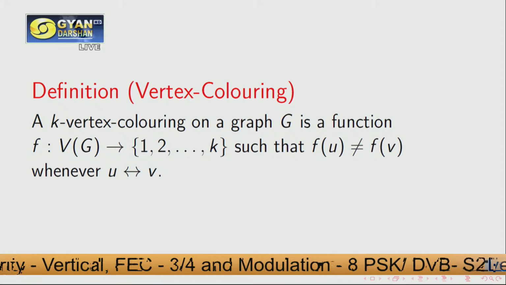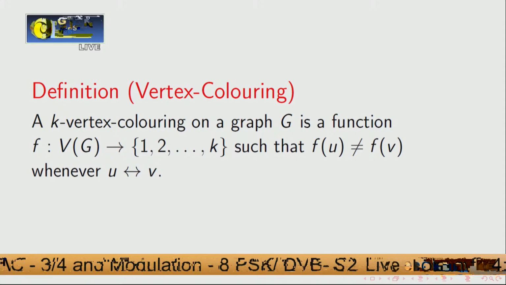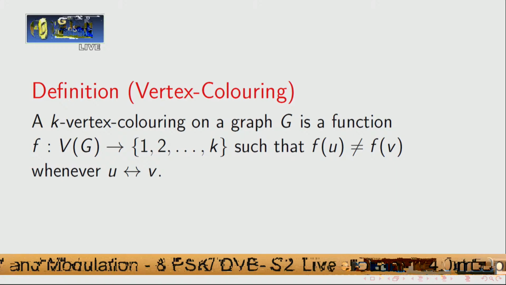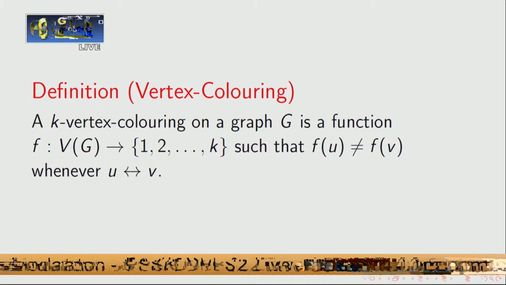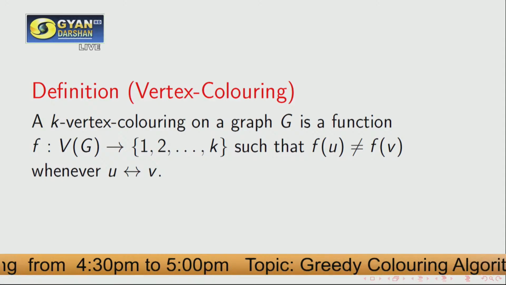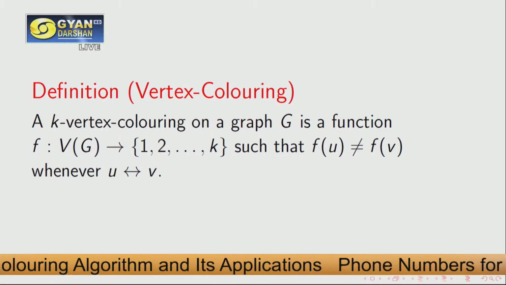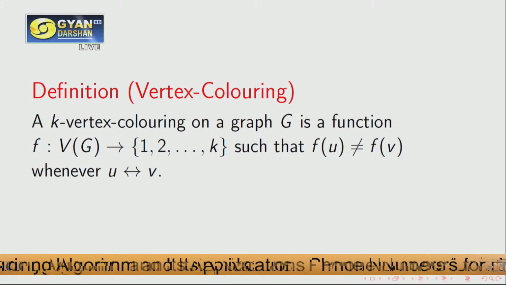In that way, the function f defined on the vertex set to the set of elements from 1 to k is called a k vertex coloring if it uses k colors in such a way that whenever two vertices are adjacent, they get distinct colors. That is the primary requirement for a k vertex coloring.